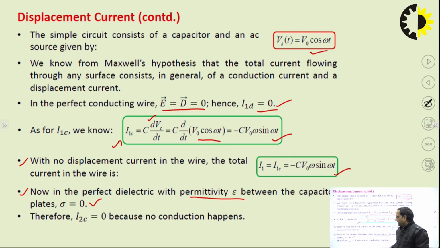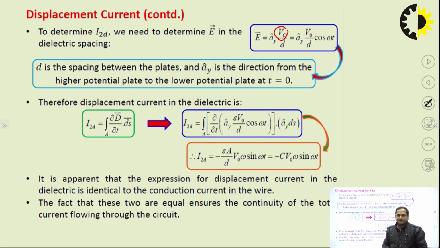But in the perfect dielectric case, because this is a non-conducting material, the conductivity sigma is obviously 0. So the conduction current will be equal to 0. This is the case when non-conduction happens.